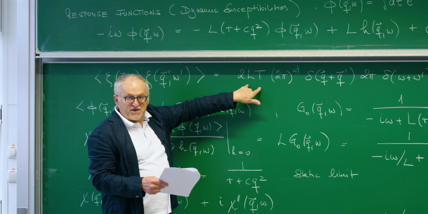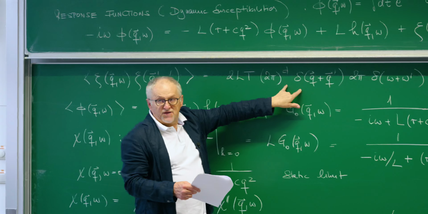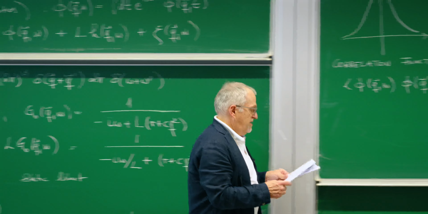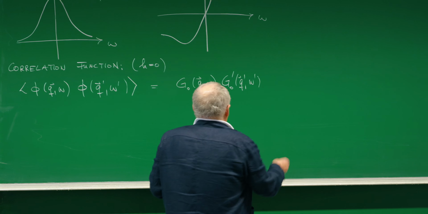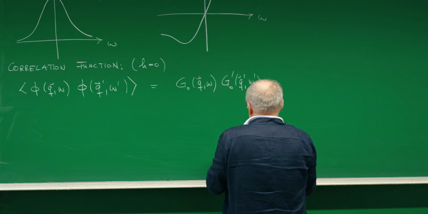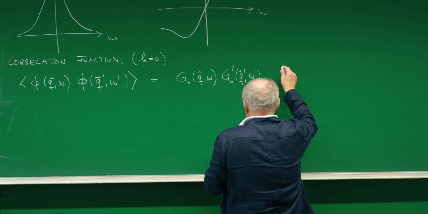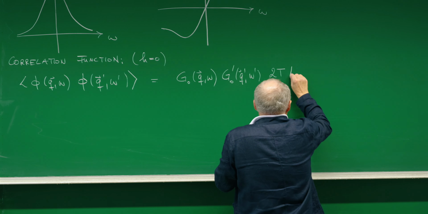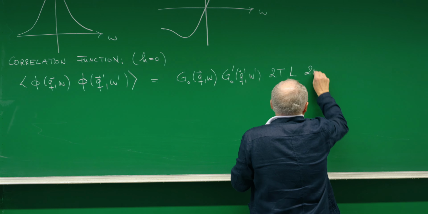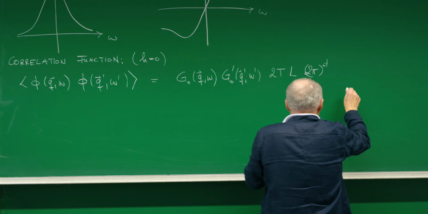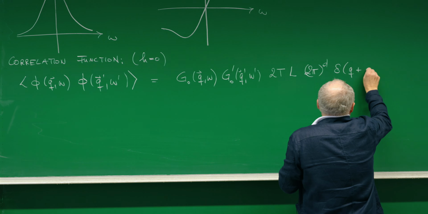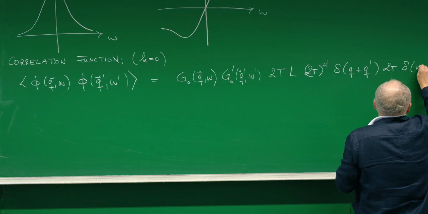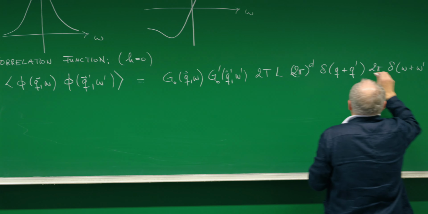So there are these prefactor 2LT, the factors of 2 pi, and the delta functions that you have. So this is then times this correlation function. Let me write out 2TL, 2 pi to the d delta of q plus q prime, 2 pi delta of omega plus omega prime.